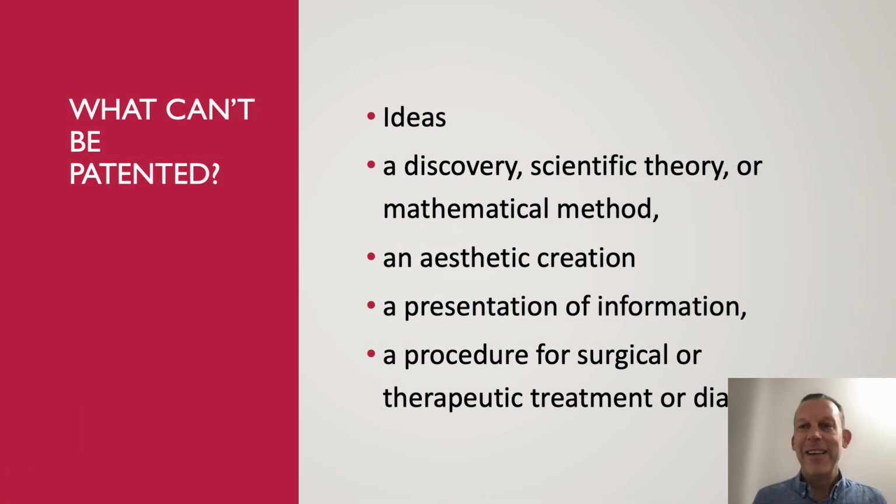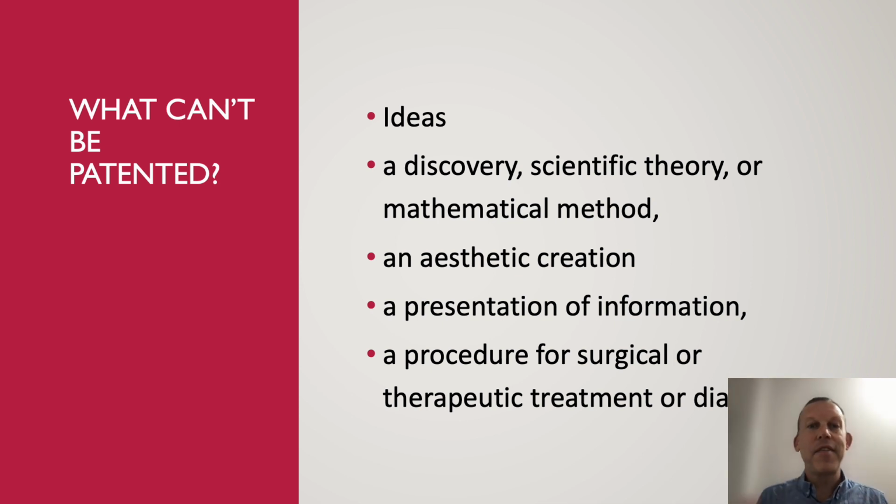So, now that we've talked a little bit about what can be patented, this is what can't be patented. You cannot patent an idea. You can't say that I have a new idea for a new Gillette razor that will do the job 10 times better. That's not enough.